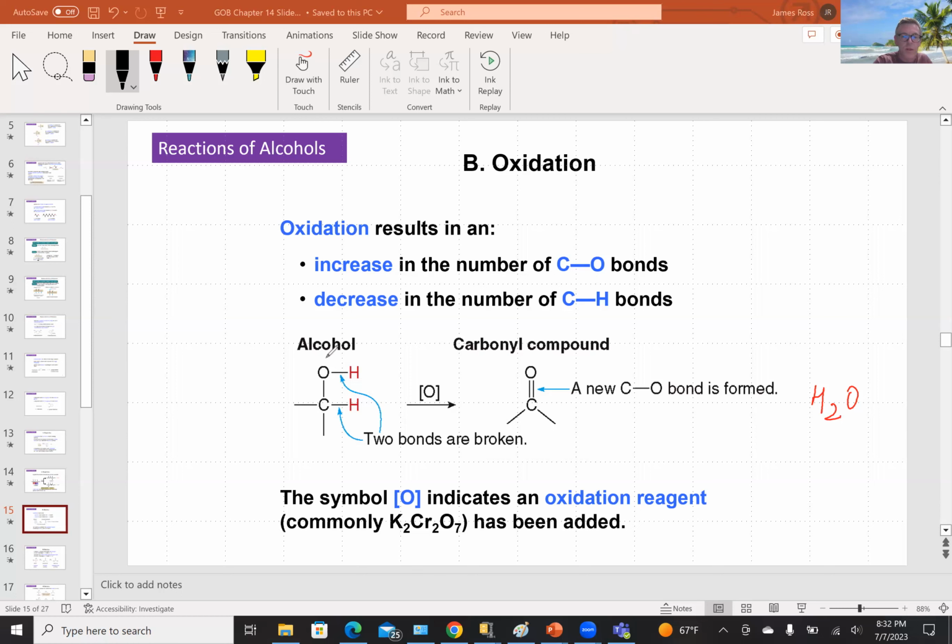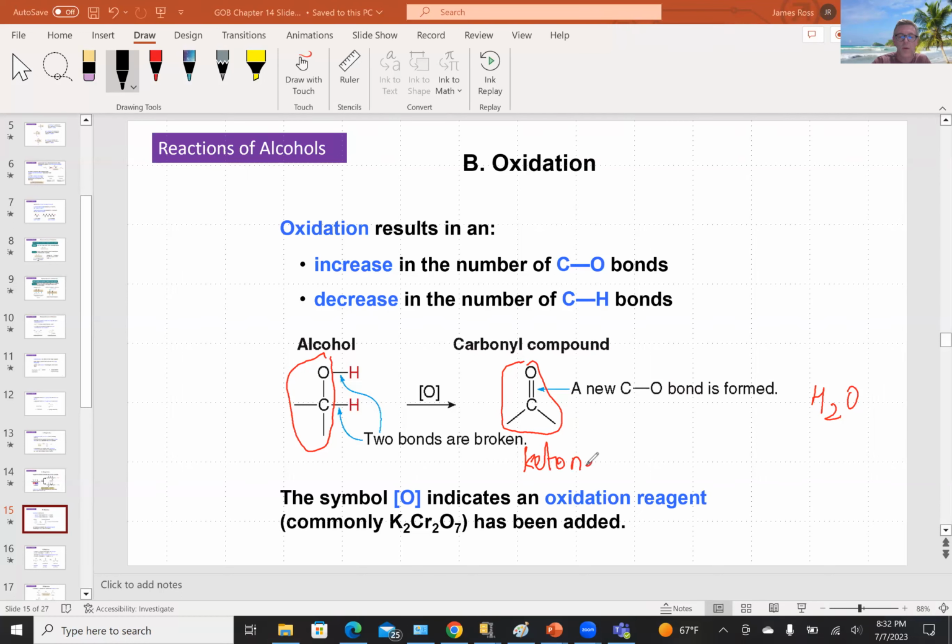And then you can see what's left if we eliminate those two hydrogens. We're left with something, if we rearrange the electrons afterwards, we have a carbon, an oxygen, and two methyl groups. So we've taken an alcohol, we've oxidized it to form, in this case, a ketone. So we have a ketone.